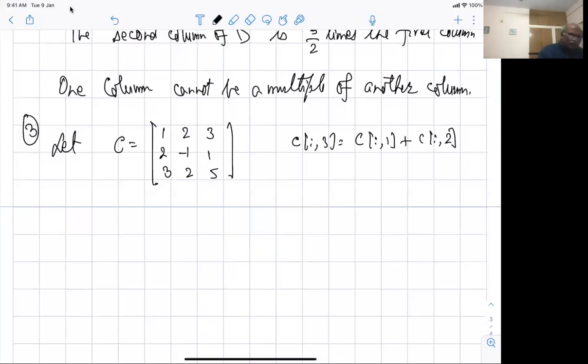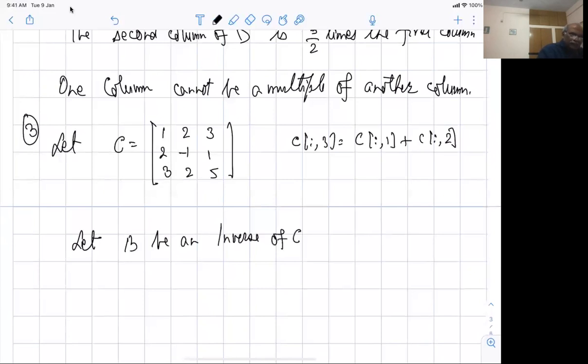So let B be an inverse of C, then B times C is identity, which is the same as C times B. This I is a 3 cross 3 matrix, so it will be I3 here for me.